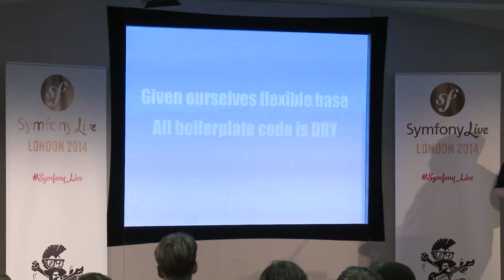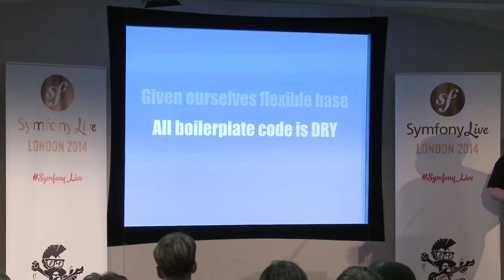Cool. This is something that's come up from us trying to, we've got a system at work where we have different themes per affiliate, and we have to theme up the whole application depending on which affiliate's coming in. But it means that all your boilerplate code is DRY.